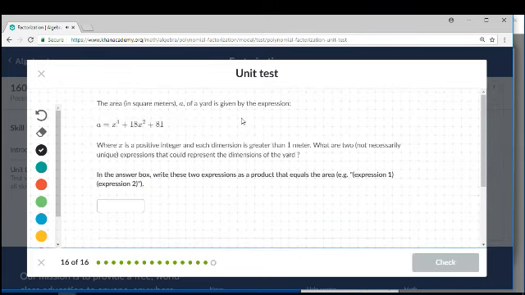All right. The area in square meters A of a yard is given by the expression A equals x to the fourth plus 18x squared plus 81, where x is a positive integer. Write the expression as a product that equals the area. Essentially, we need to factor this.